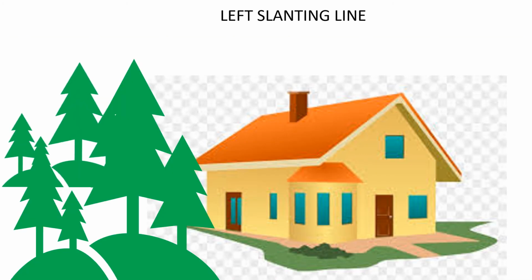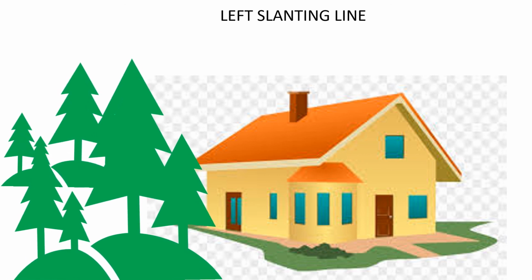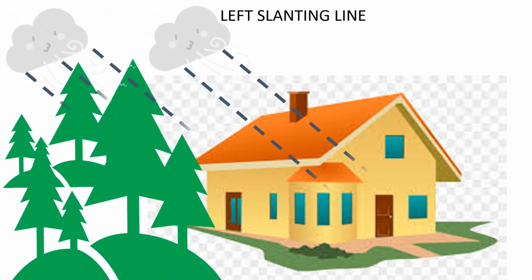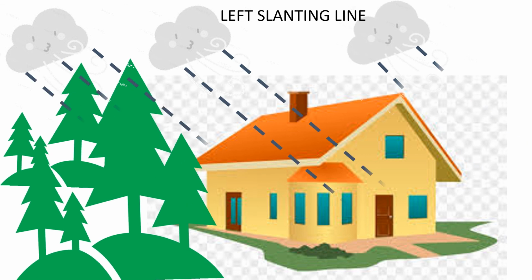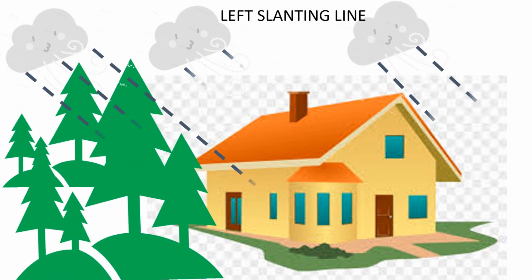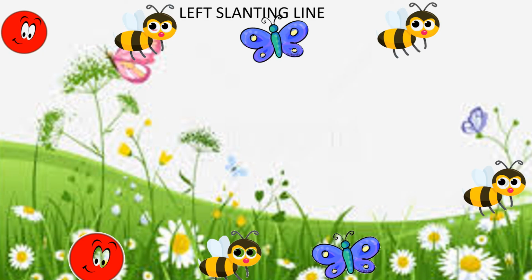There is a house and it seems there is a wind and all the trees are moving, and again it has started raining and raining has started from the left side. So this is left slanting line.